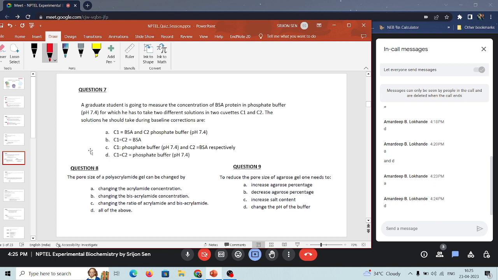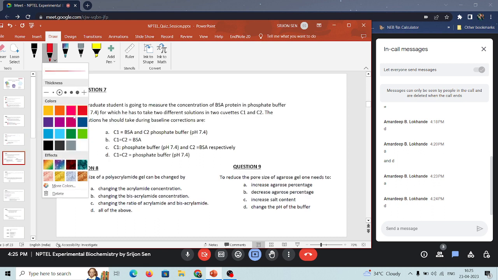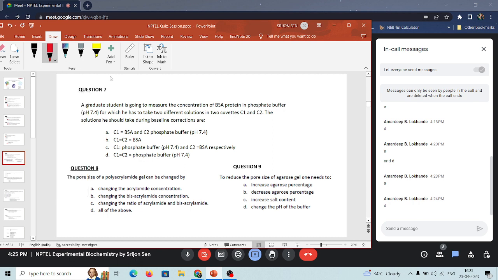Okay, question number 7. Question number 7 says a graduate student is going to measure the concentration of BSA protein in phosphate buffer of pH 7.4, for which he has taken two different solutions in two cuvettes C1 and C2. The solution he should take during baseline corrections are.